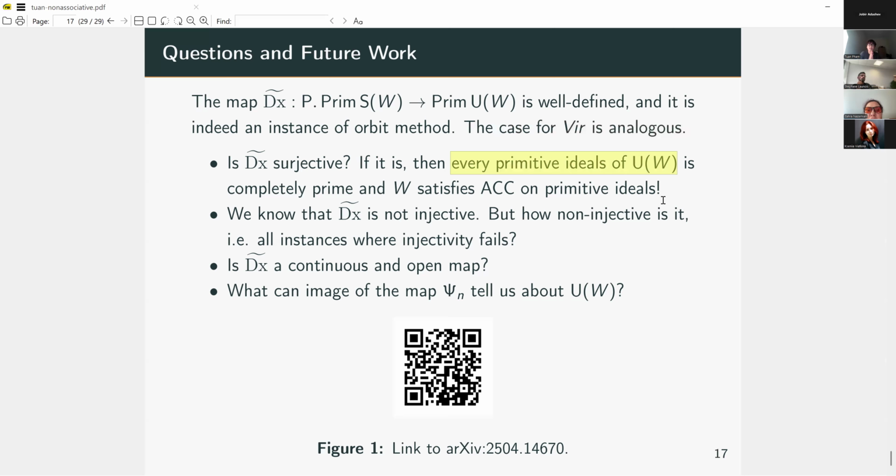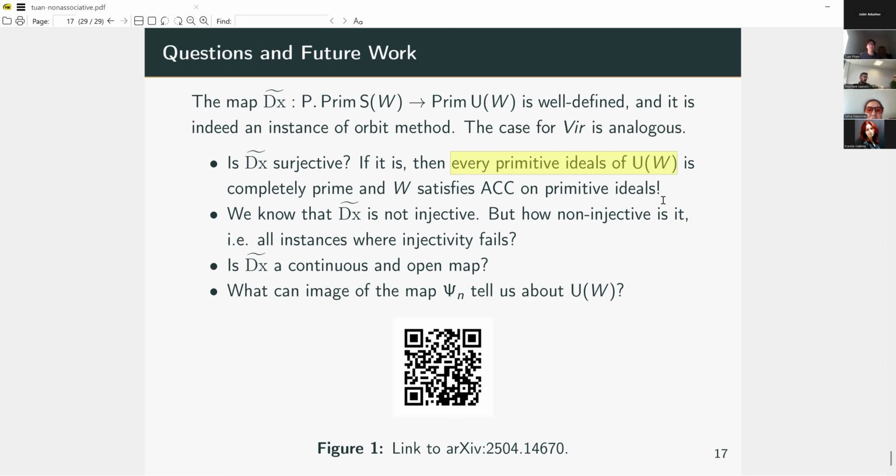We know that the strong Dixmier map, dx twiddle, is unfortunately not injective, but how non-injective it is, we're still trying to prove, to classify all instances where injectivity fails.